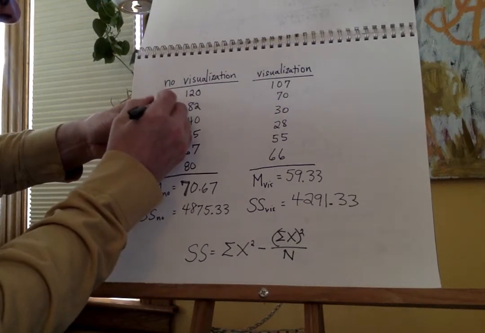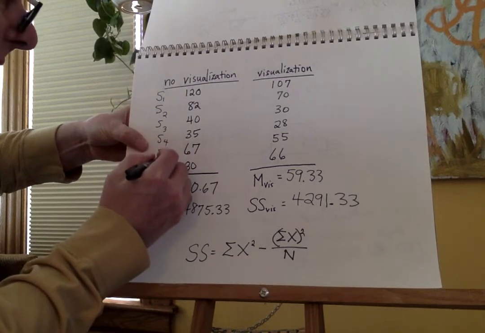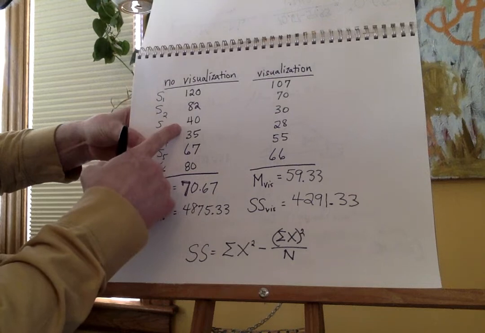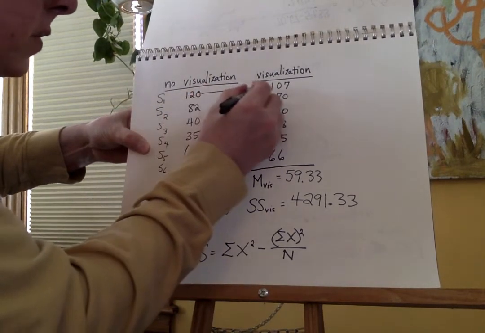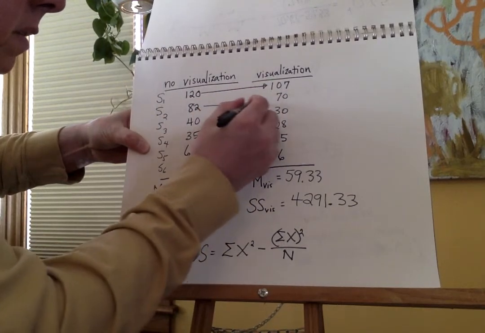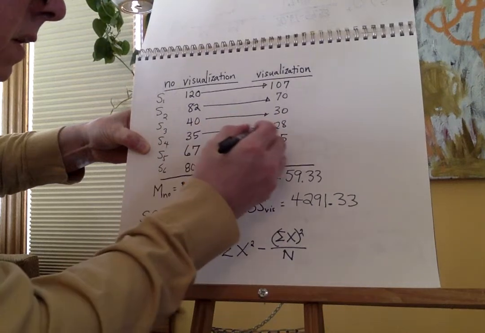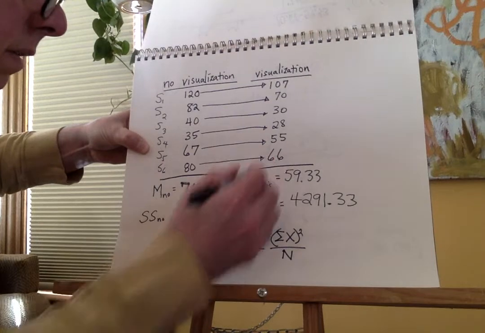Let's call it subject 1, subject 2, subject 3, subject 4, subject 5, subject 6. And we look at their performance without visualization, and we use the same person. So this way, it's the same person after they get the visualization training.